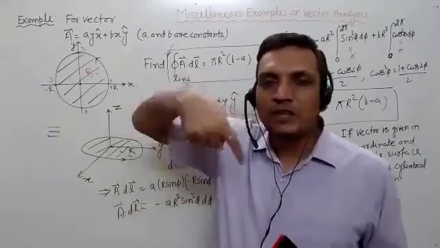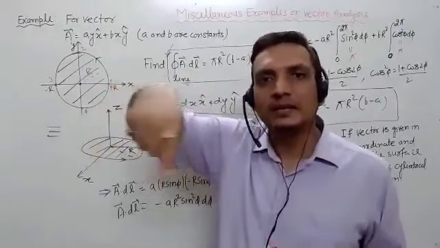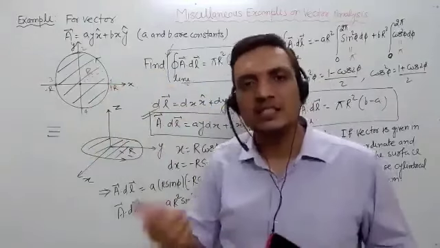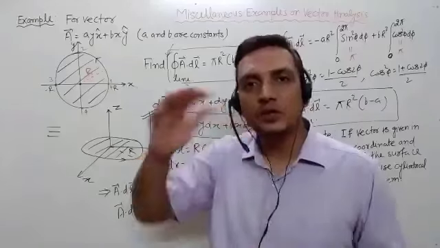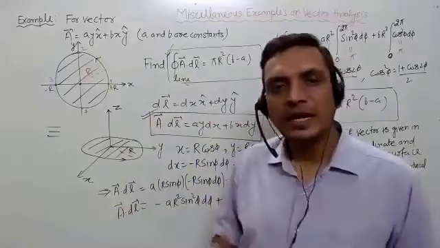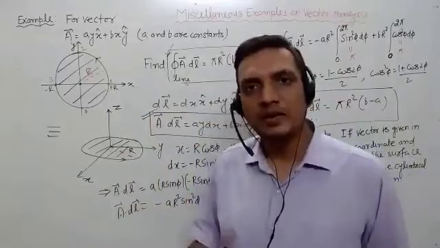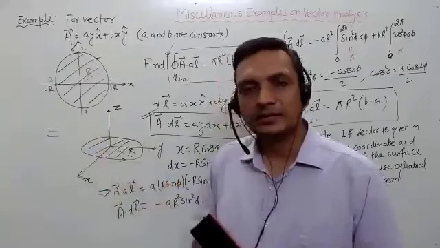You are on the surface of cylinder, so you are moving on a circle. Whenever you are moving in a circle, and the circle is in the XY plane, that has cylindrical symmetry. I have discussed cylindrical symmetry. Spherical symmetry, whenever you are on the surface of a sphere, that is the spherical symmetry. Can we apply spherical symmetry here?